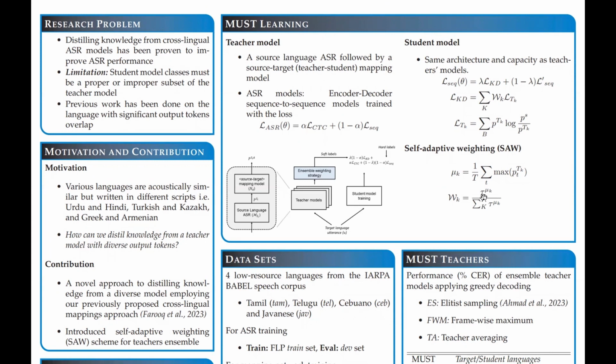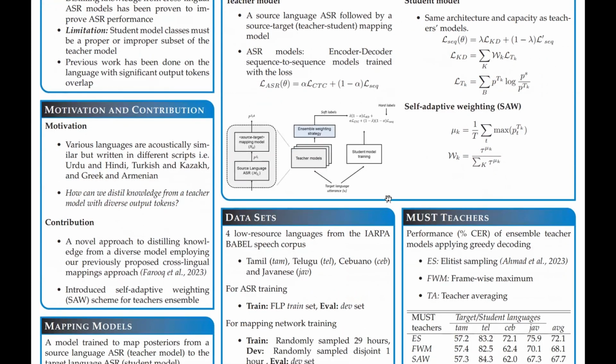But using this tau parameter, we disperse the weights so that they are statistically significant. Otherwise, the weights would be very close to each other, but we try to disperse them a bit based on their performance. So different values of tau will give different results, and a greater tau value will disperse the weights more.